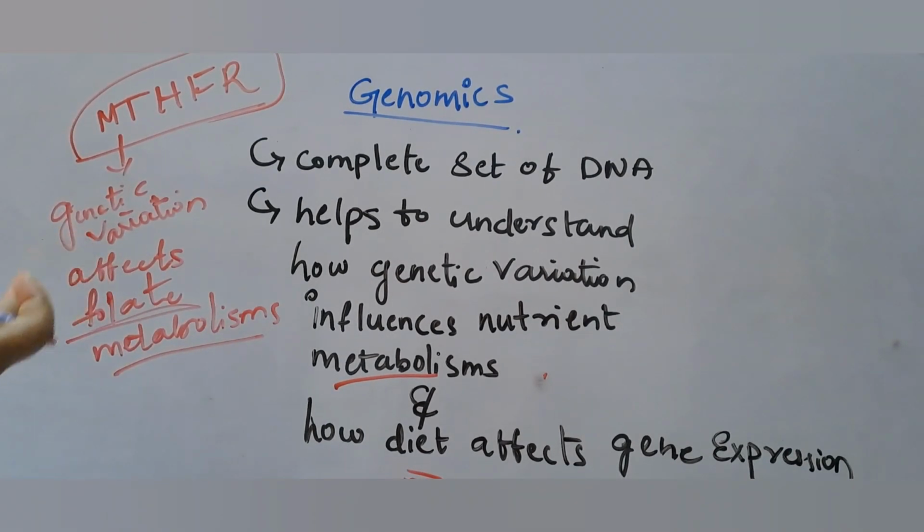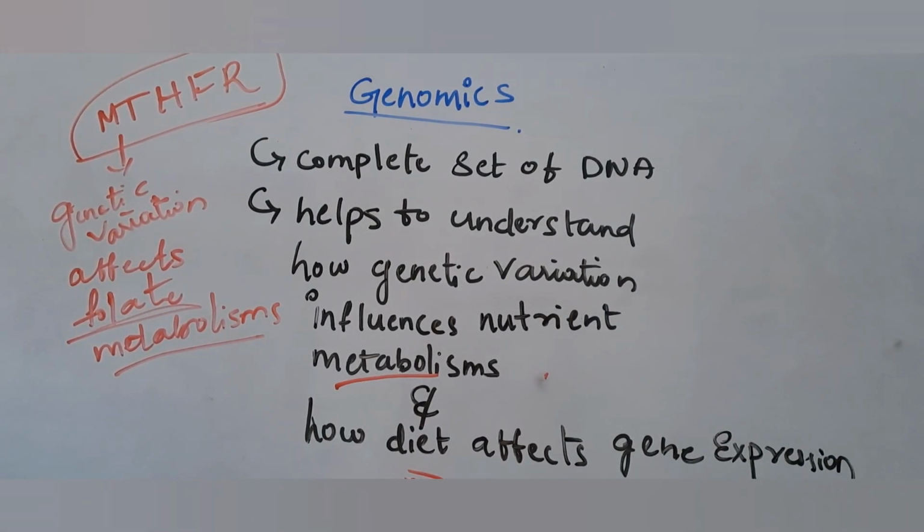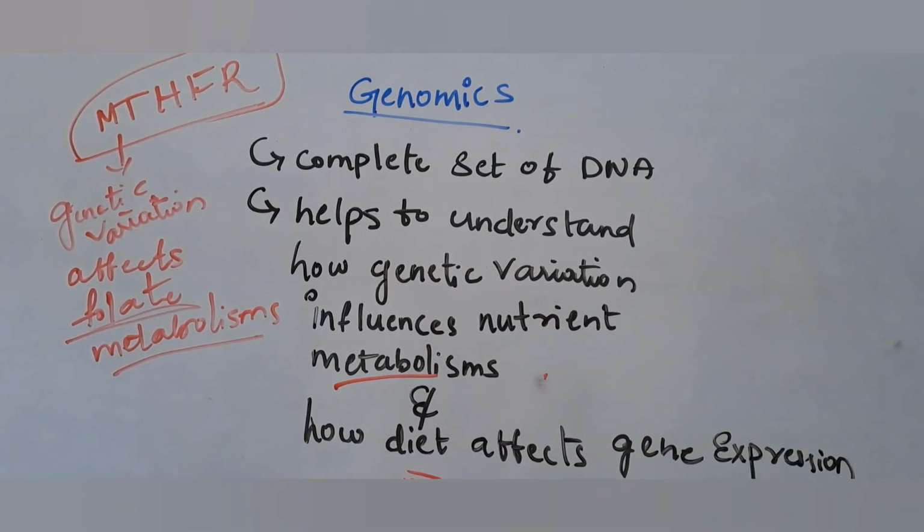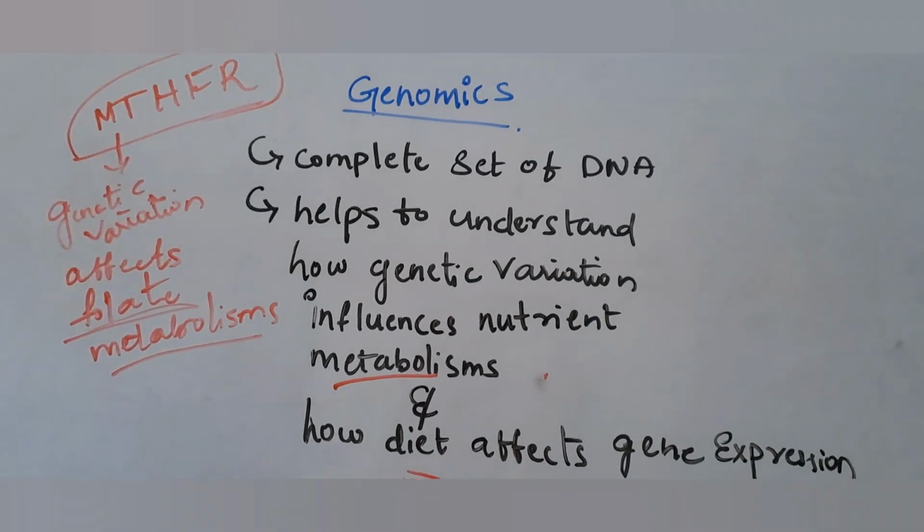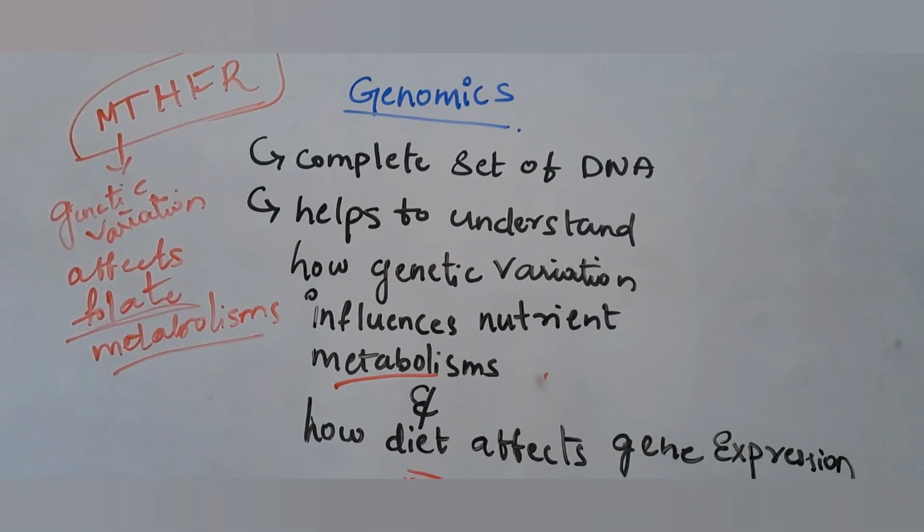So genomics plays an important role in identifying genetic variations, and it also helps in understanding diet-gene interactions. As in the previous proteomics video, where I explained about flaxseeds, here I'll give the example of omega-3 fatty acids, which influence genes involved in inflammation.